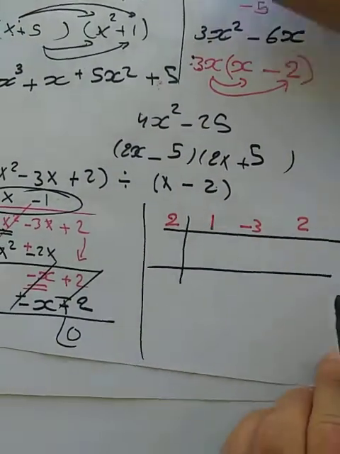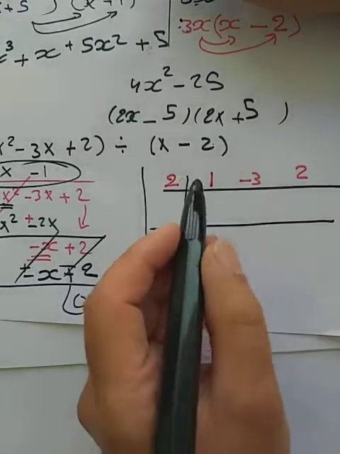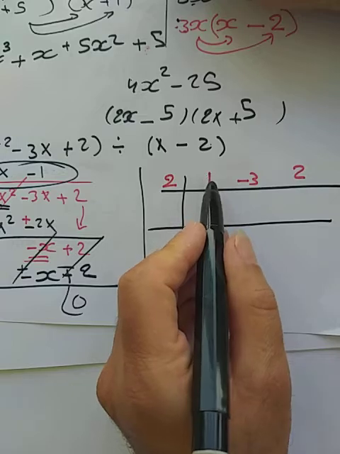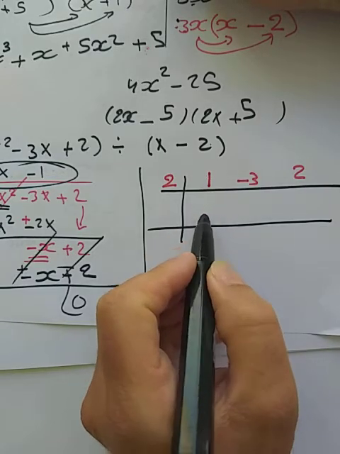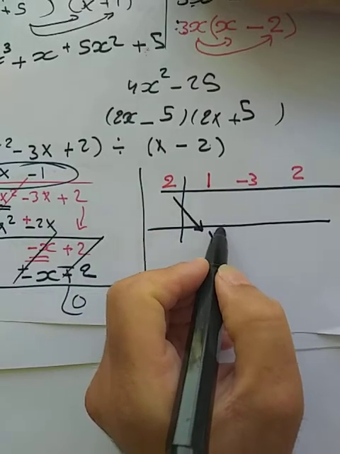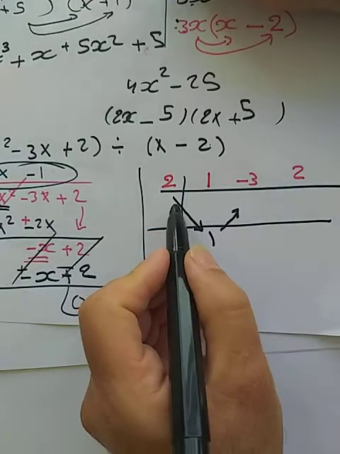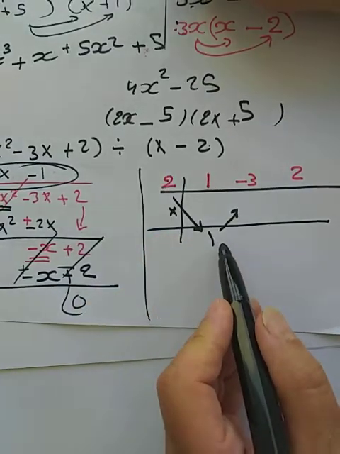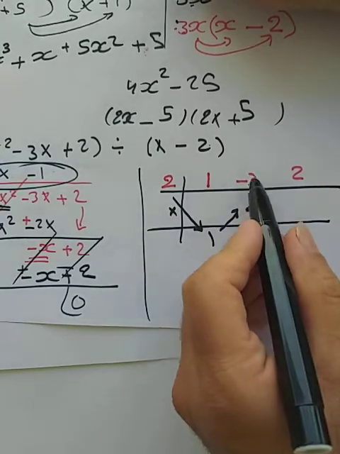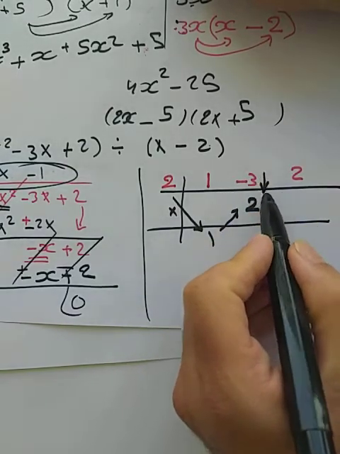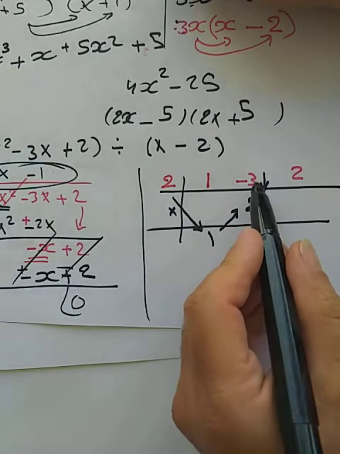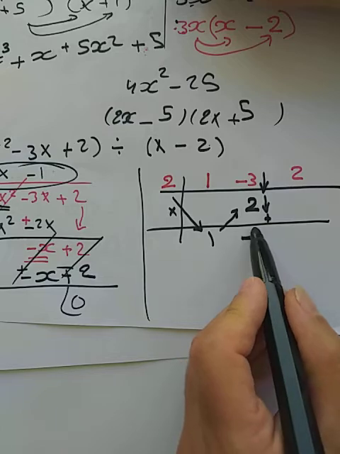Now we start to divide. Start from this number. 1 plus 0 is 1. 2 multiplied by this number and the answer right here, 2 times 1 is 2. Now add this direction, minus 3 plus 2 is equal to negative 1.